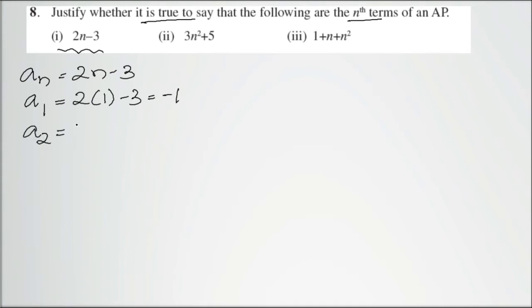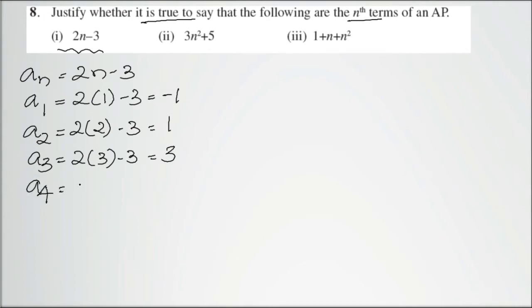Second term will be 2 times 2 minus 3, it will become 1. Third term will be 2 times 3 minus 3, which will become 3. Fourth term will be 2 times 4 minus 3, 8 minus 3 is 5.